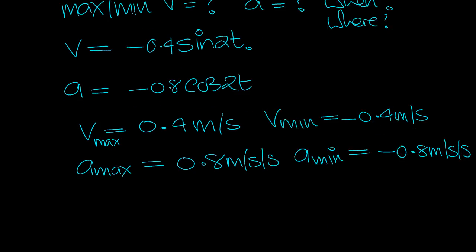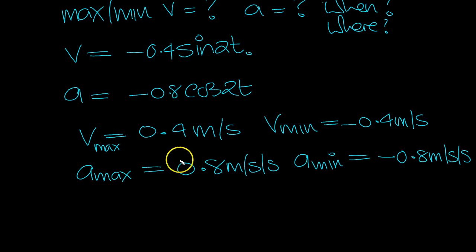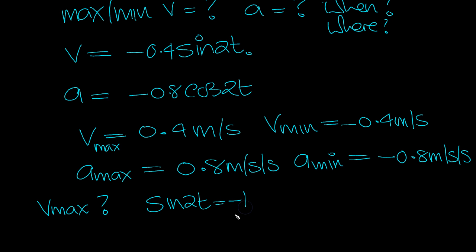When does that happen? Well, when does v max happen? That would happen when sine 2t equals minus 1. Okay, and then v min? V min happens when sine 2t is 1.